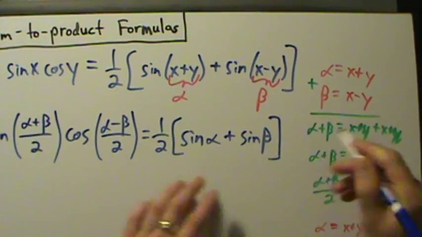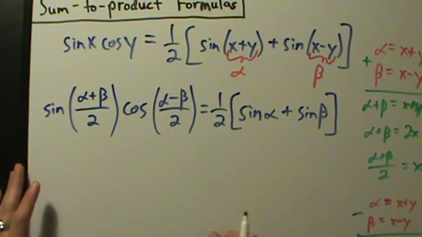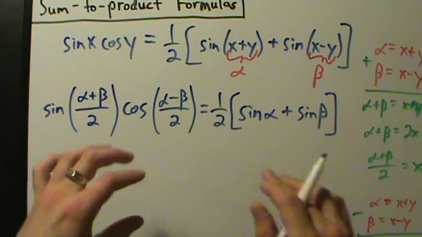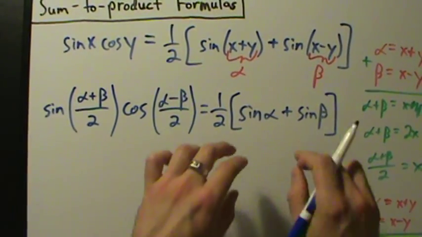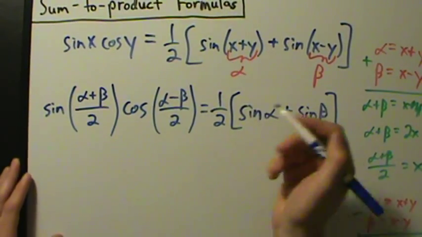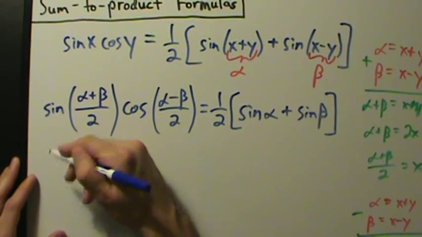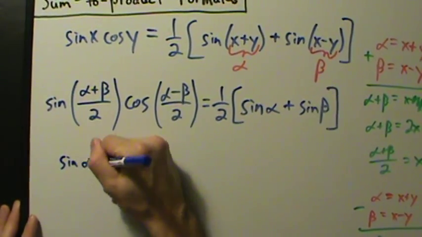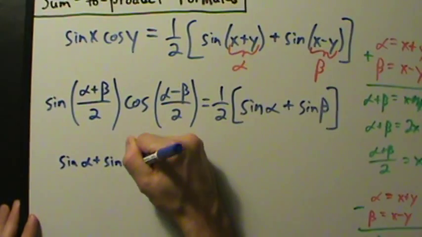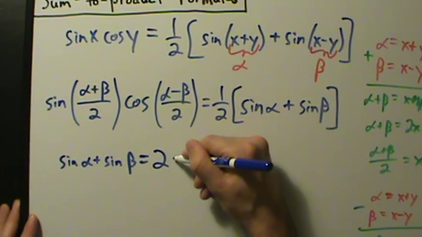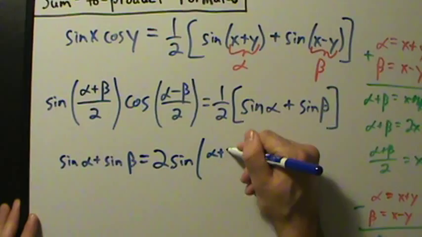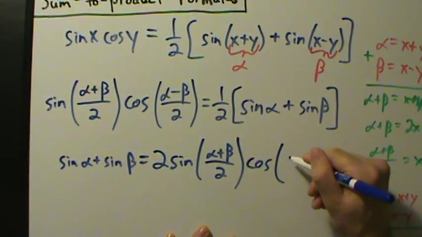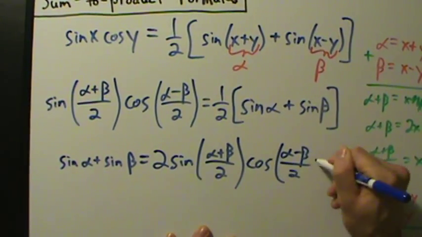Okay. So that's what we have there, and now let's multiply both sides by 2, and then we'll swap the sides. So remember, left side equals the right side. It doesn't matter which side we put down first, so let's just write the side over here first. And also multiply everything by 2. So when we do that, we're going to end up with just sine of alpha plus sine of beta equals 2 times sine of alpha plus beta over 2 times the cosine of alpha minus beta over 2.